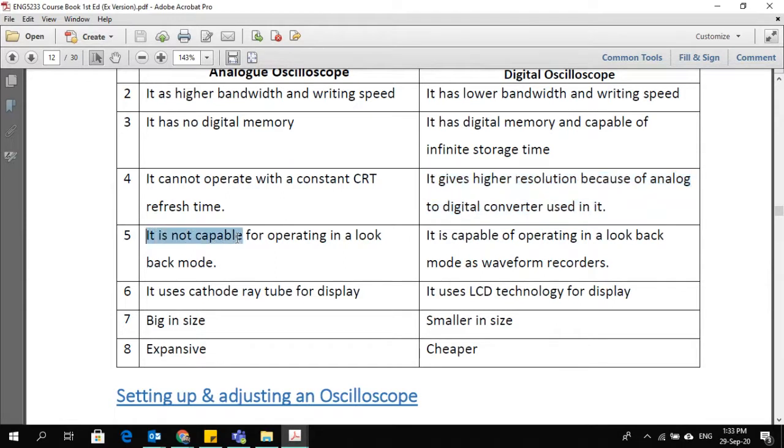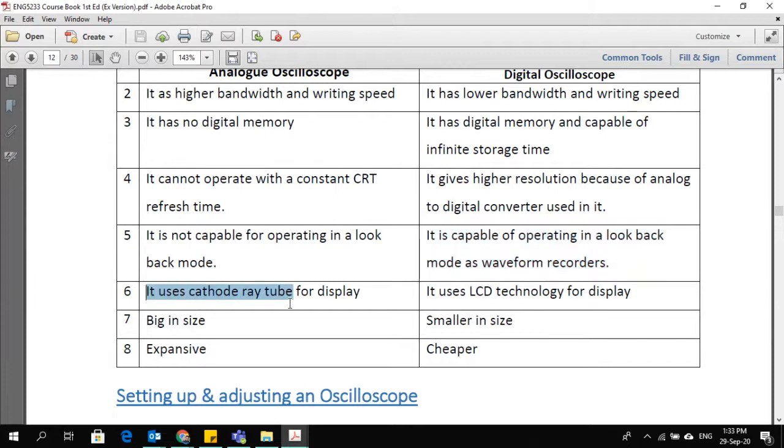In analog, it is not capable of operating in a look back mode. Look back mode means, same like if there is something in recording, you can look back. Analog cannot do that, but digital can do that. You can operate in look back as the waveforms are being recorded.